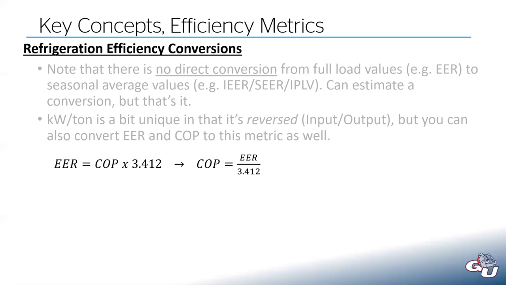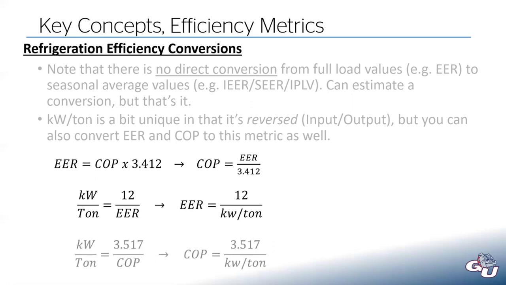If you really want to look up the derivations, be my guest. But EER is equal to the COP times 3.412, which can be rearranged to the COP is EER over 3.412. And then we have some similar conversion factors for kW per ton to EER and kW per ton to COP.